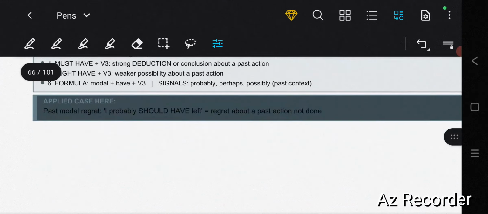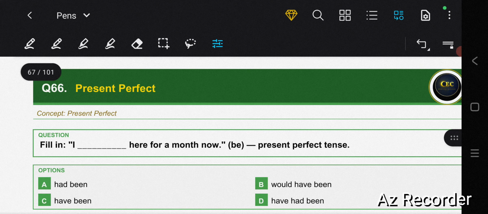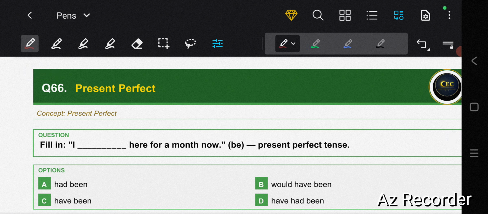Okay, so we'll go for the next question, 66. We have to fill the gap with the appropriate, correct option. It's about present perfect. "I have been here for a month now." We have to make it the present perfect one. "Would have been" and "had been" are not the present perfect structure of the formation.